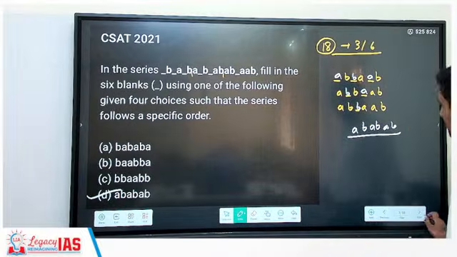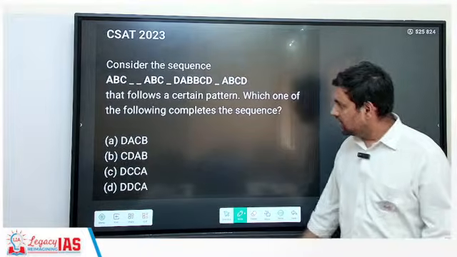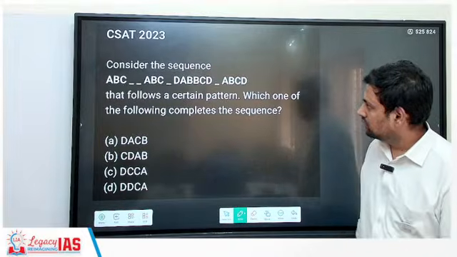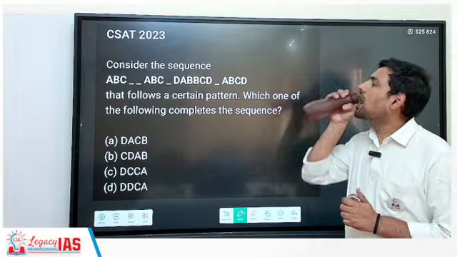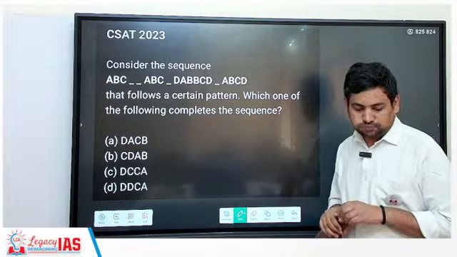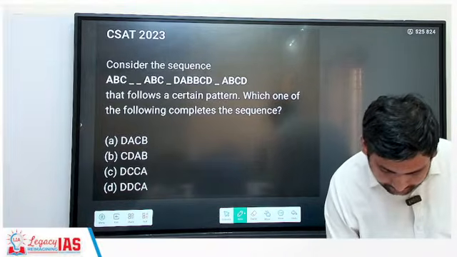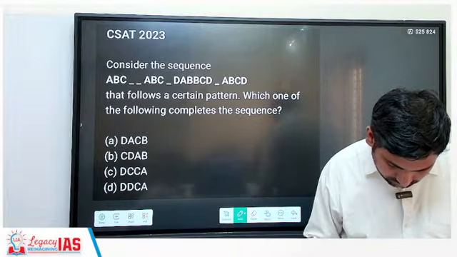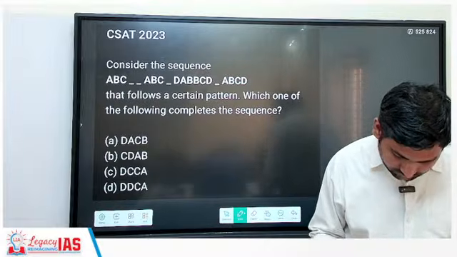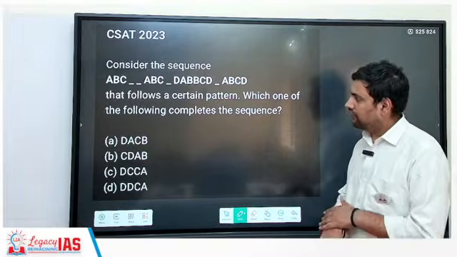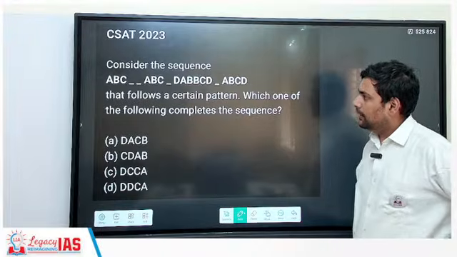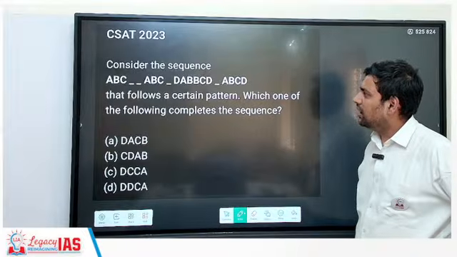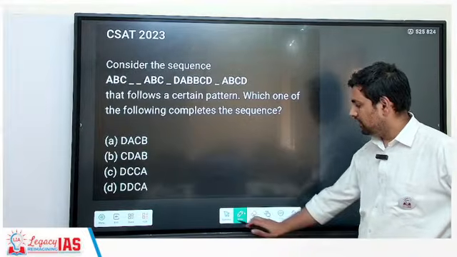Then next is this. A B C double dash A B C dash D A B B C D and goes on.